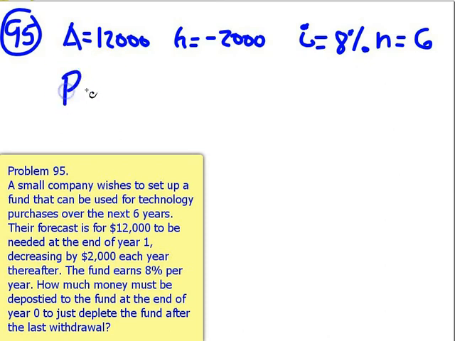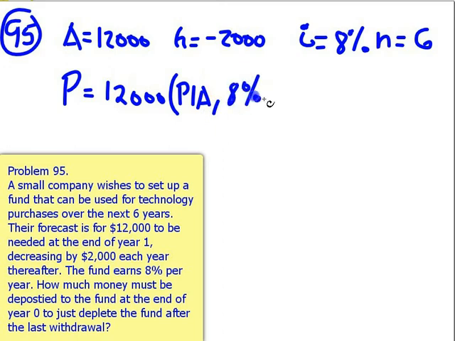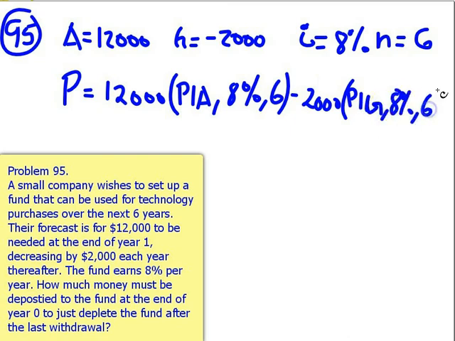So we write the present value should be equal to $12,000 times P given A for 8% and 6 periods, plus, no, not plus, but minus $2,000 times, this is the gradient, P given G, 8% and 6 periods.